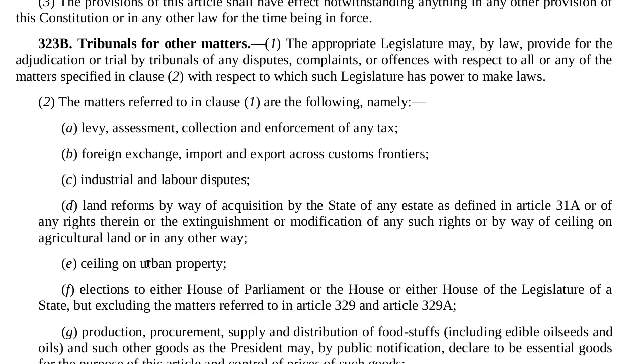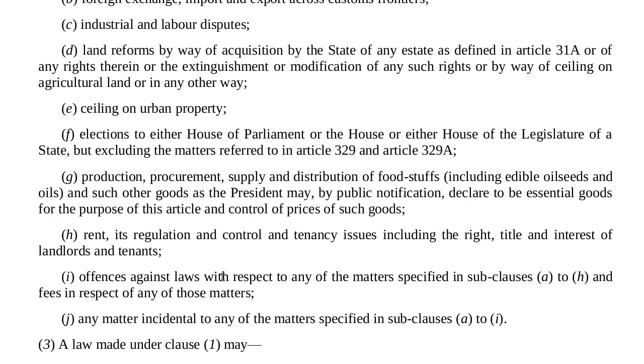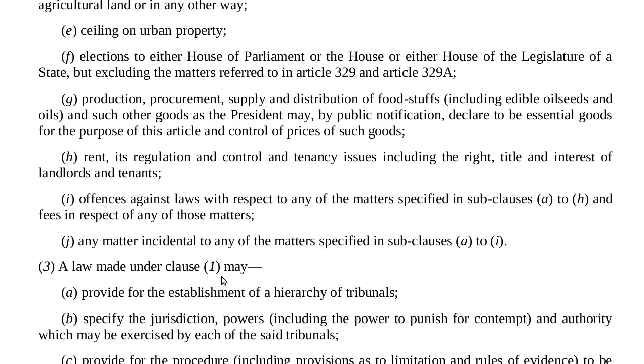E. Ceiling on urban property. F. Election to either House of Parliament or either House of the legislature of a state, but excluding the matters referred to in Article 329 and Article 329A.